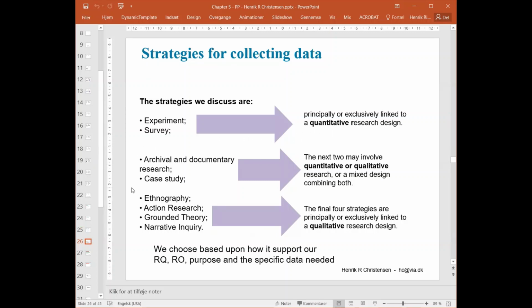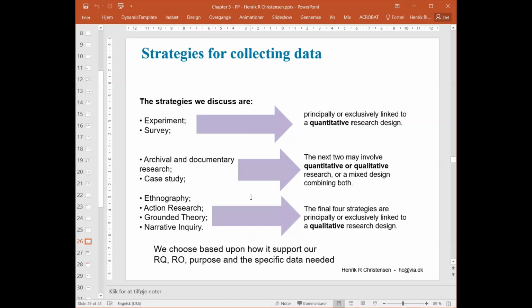Then we have another group of strategies, archival and documentary and case study. They are kind of involved with both quantitative and qualitative, because it can be both. Then the last group will be ethnography, action research, grounded theory, and narrative inquiry.